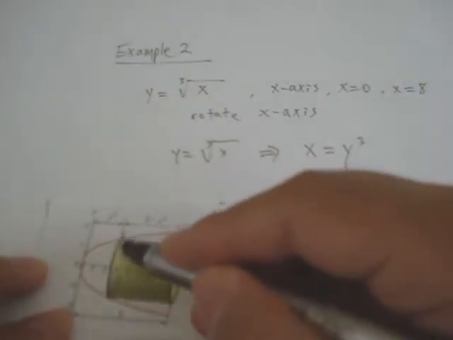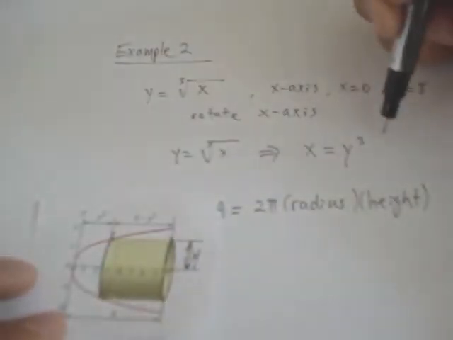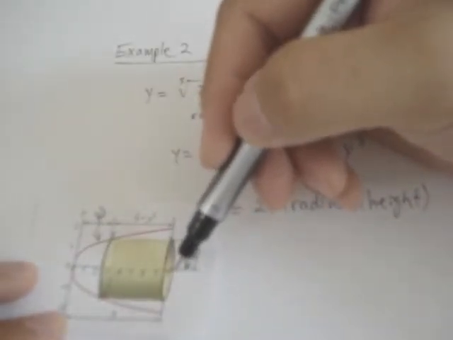And what about the height? The height is from here to here. Since we know that this equation is x is equal to y cubed, this part is y cubed, and it's bounded by x is equal to 0, x is equal to 8. That means this length is 8 minus y cubed.